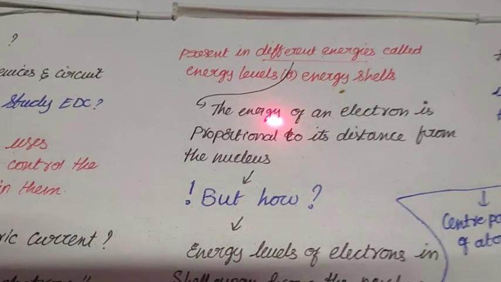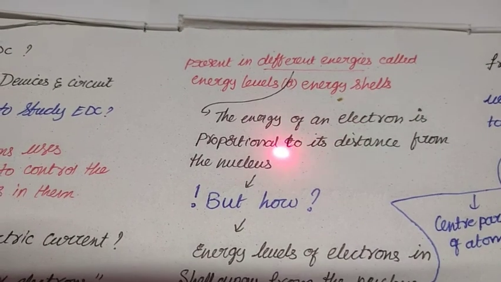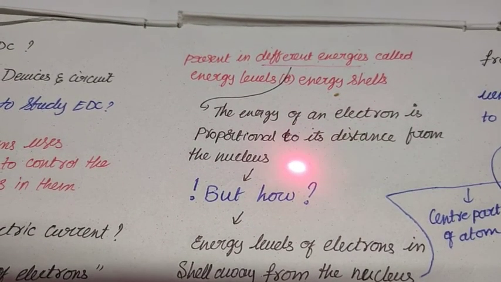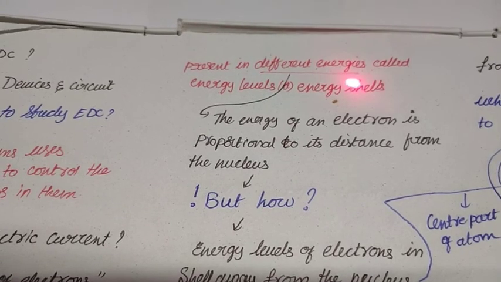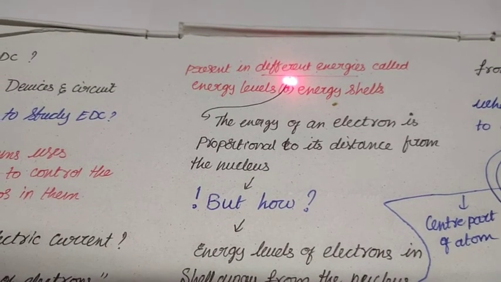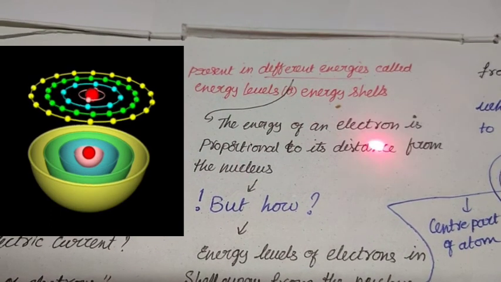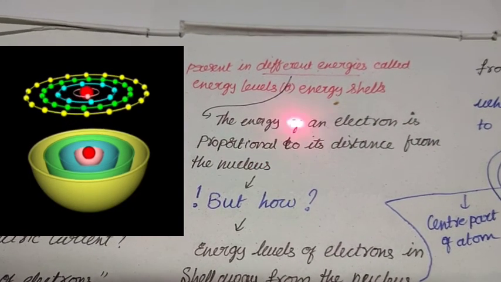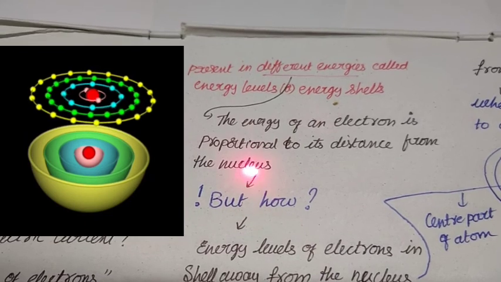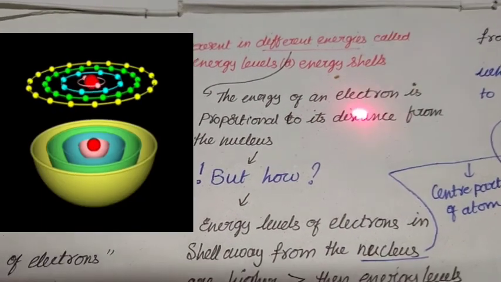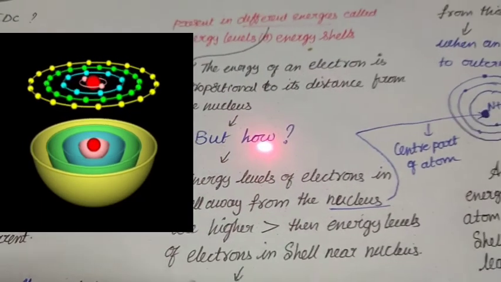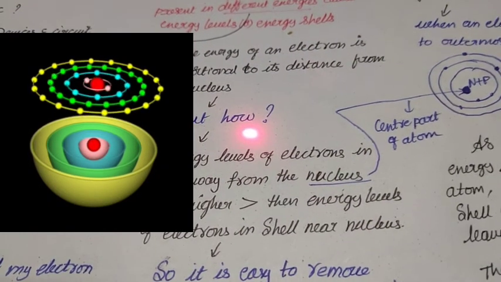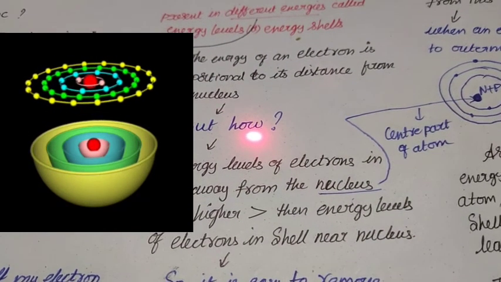Let's see it. The energy of an electron is proportional to its distance from the nucleus. I said different energies. The energy of an electron is proportional to the distance from its nucleus. It means the energy of the electron depends on its distance from the nucleus. But how? What I have said, don't simply learn it. Ask me.